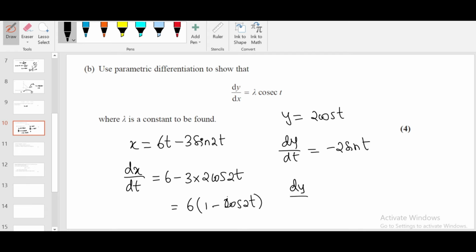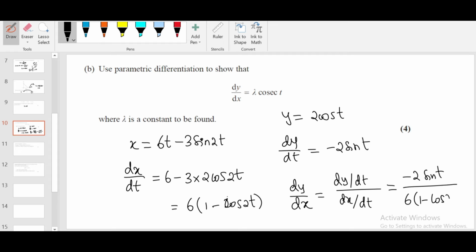Now use the parametric differentiation. Dy by dx is dy over dt divided by dx over dt, which is minus 2 sine t divided by 6 times 1 minus cos 2t. But we need this answer, that means some number divided by sine t.